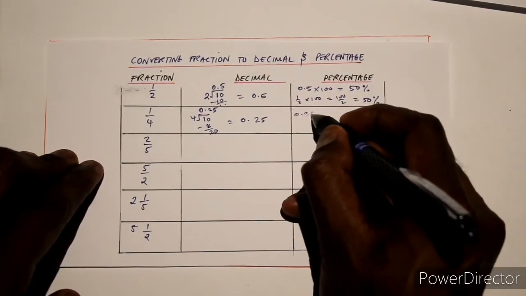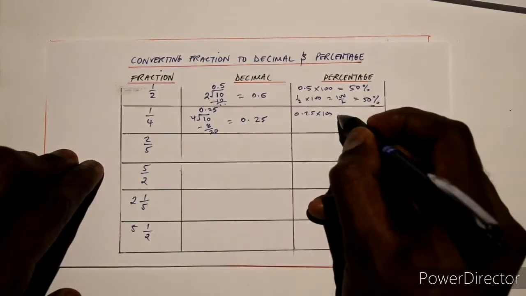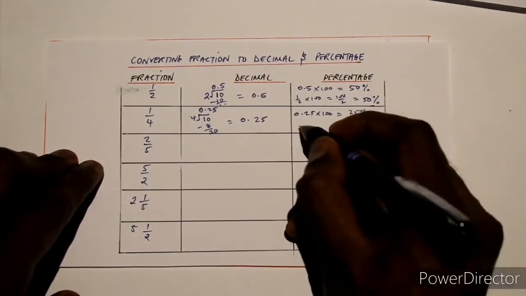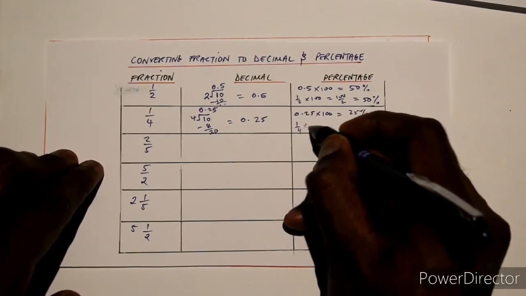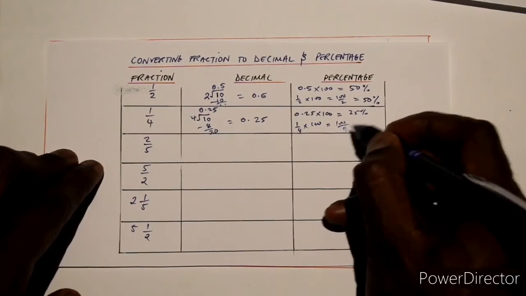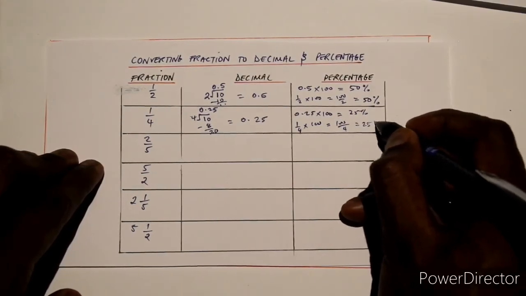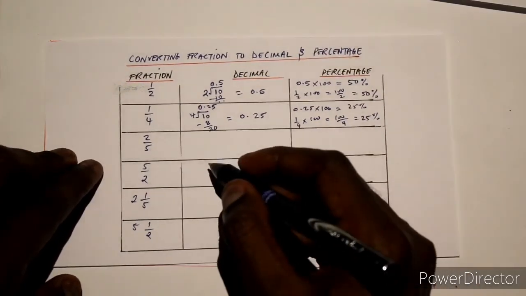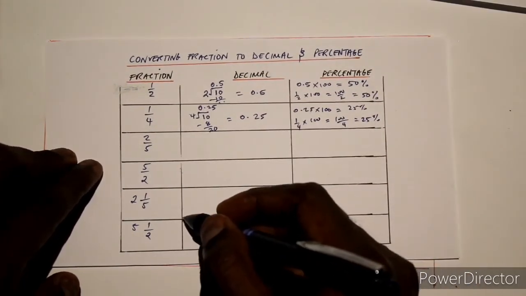You can have 0.25 times 100 to convert to percent, so you should have 25%. Or you can have 1 on 4 times 100, which is equal to 100 over 4, same again, 25%. Okay, 2 on 5, same.